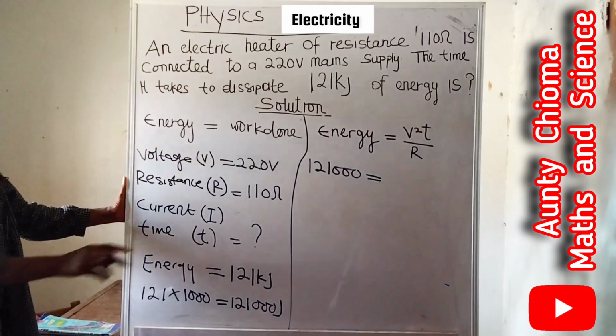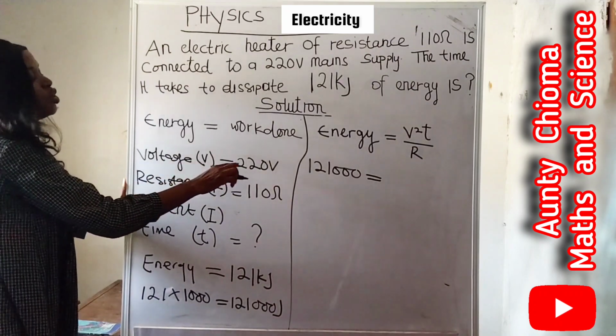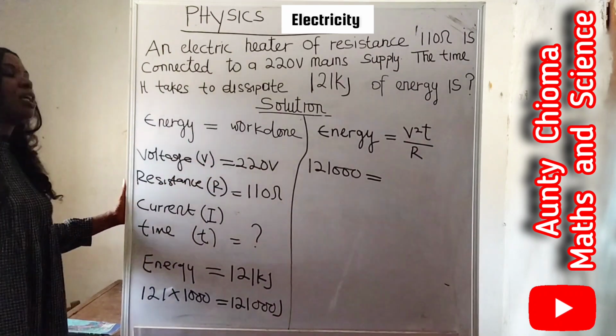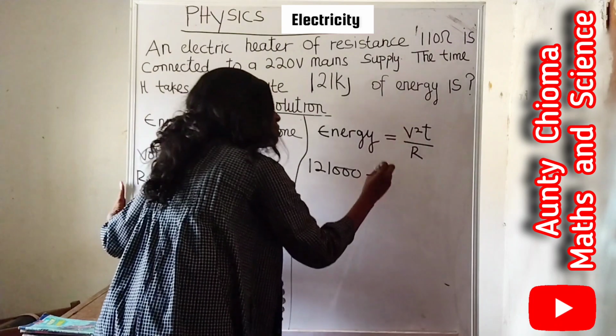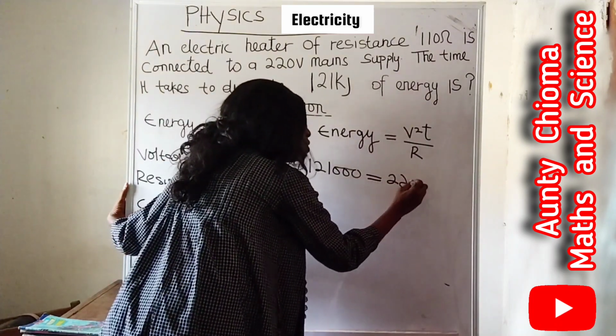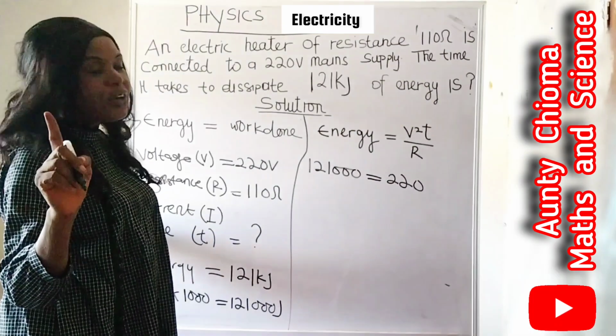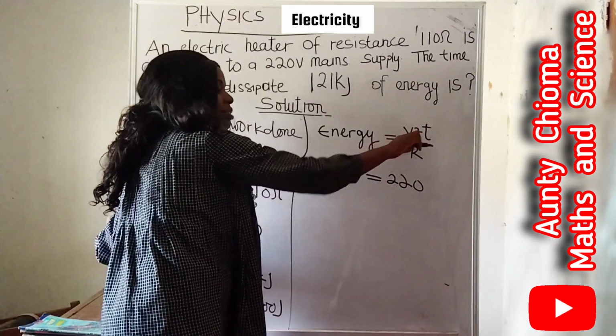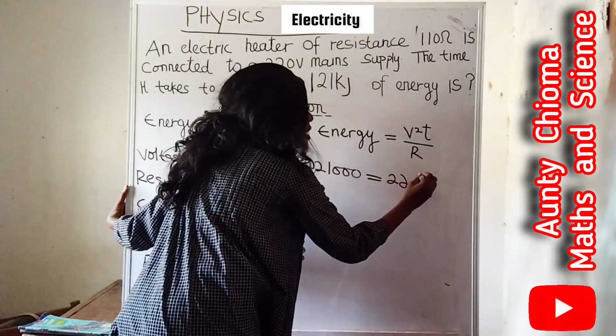Yes, we are given voltage. V is equal to 220 volts. So we substitute 220 here. But don't forget that this voltage is squared. So this 220 will be squared.